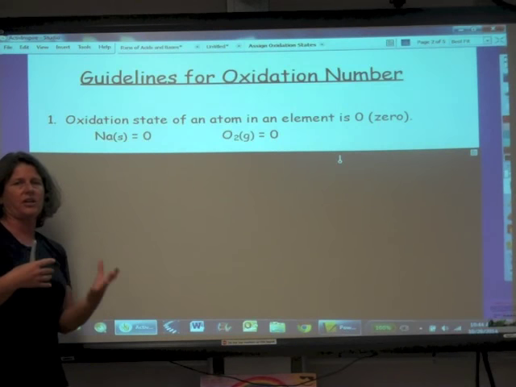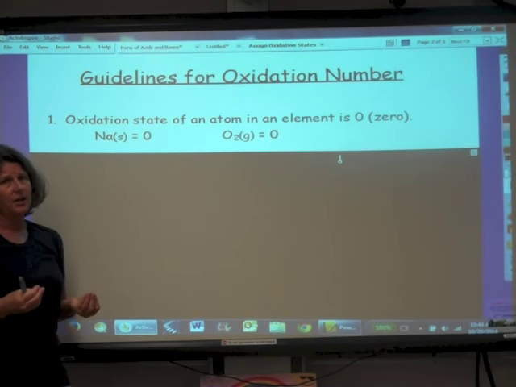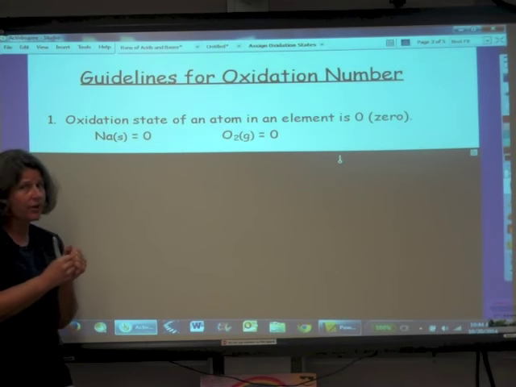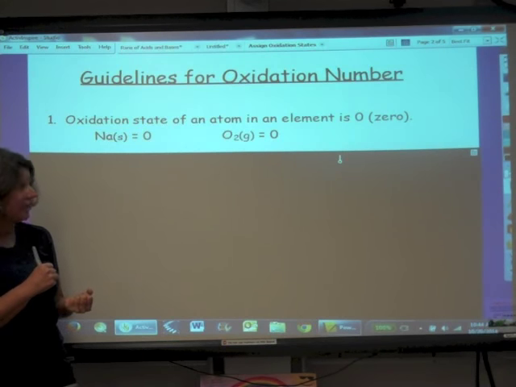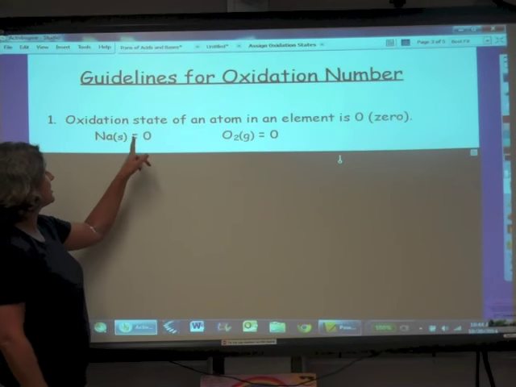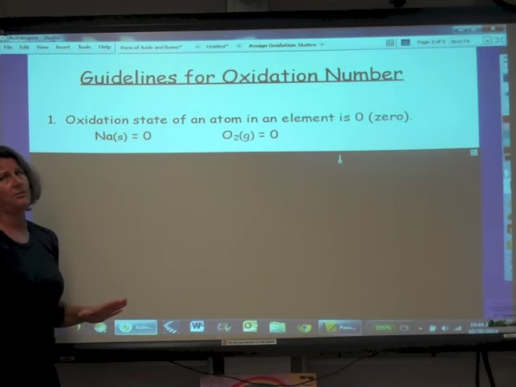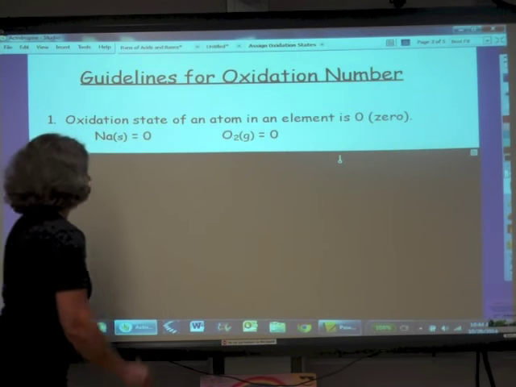They're not sharing electrons or transferring electrons to anyone. We assume that they have all of their own electrons. They haven't given any away, they haven't accepted any, they're not sharing any. So the oxidation state of any pure element is always 0.